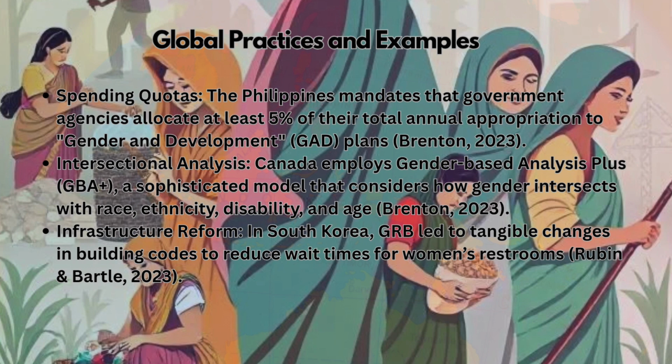Another is intersectional analysis. Countries like Canada employ gender-based analysis plus, GBA Plus, a sophisticated model that considers how gender intersects with race, ethnicity, disability, and age. And infrastructure reform. This is another tool. In countries like South Korea, GRB led to tangible change in building codes to reduce wait times for women's restrooms, as you already mentioned.